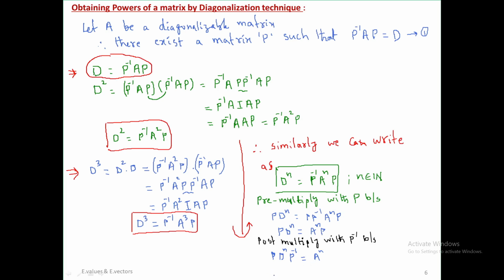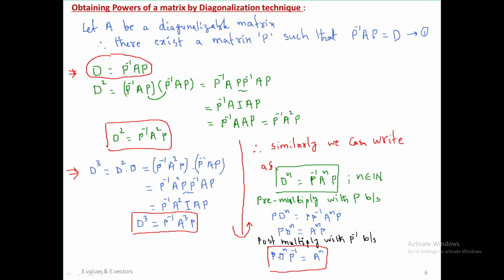So now the result is here. A power n is nothing but P into D power n into P inverse. This result I will use for finding powers of the given matrix. Look at the heading: obtaining powers of a matrix by the diagonalization technique. This is a diagonalization technique only. Here, what is D power n?